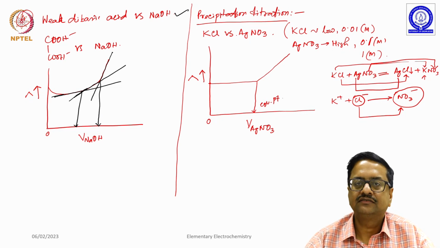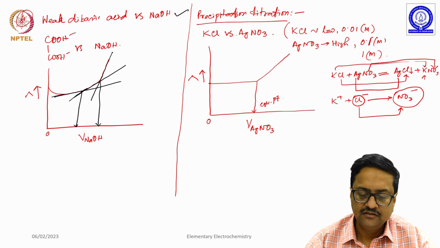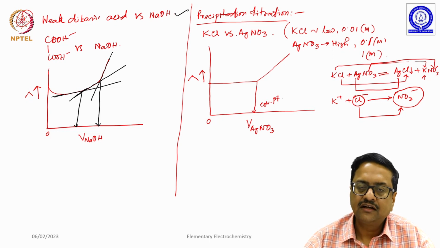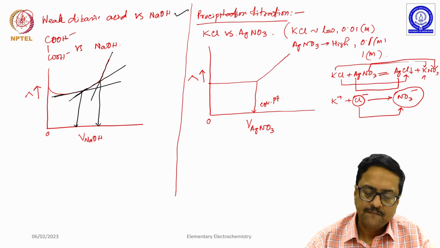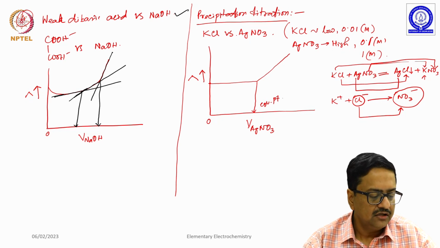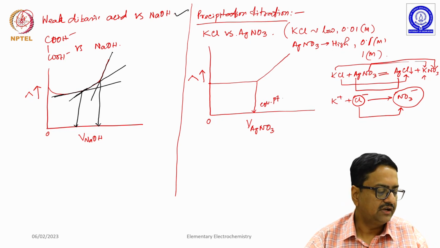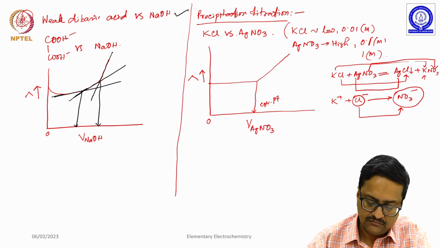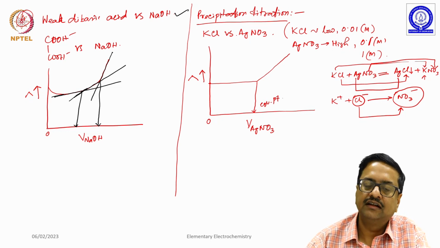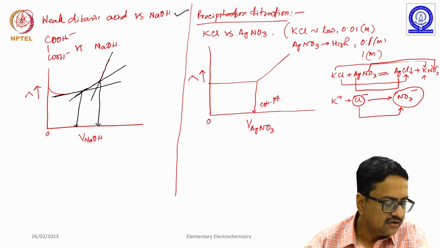One can use KCl solution as a standard and determine unknown silver nitrate. In that case, one has to take silver nitrate in the beaker and add a 10 times or 100 times stronger KCl solution from the burette, and you remember we should use a 5 ml micro burette and add 0.02 ml KCl solution or silver nitrate solution at a time.